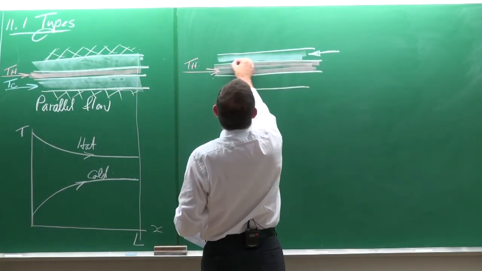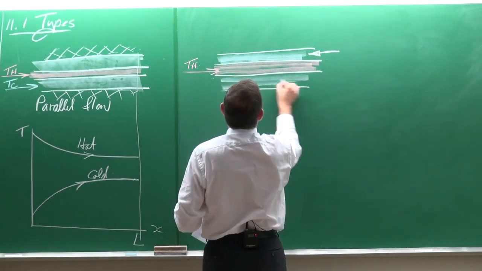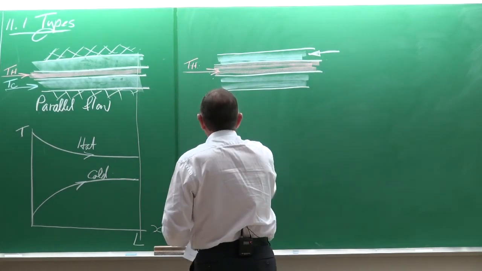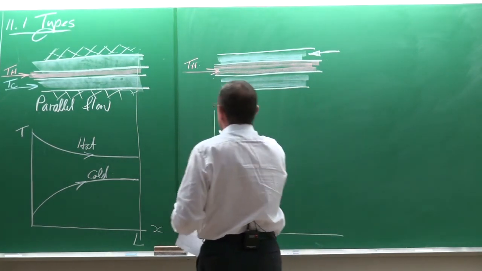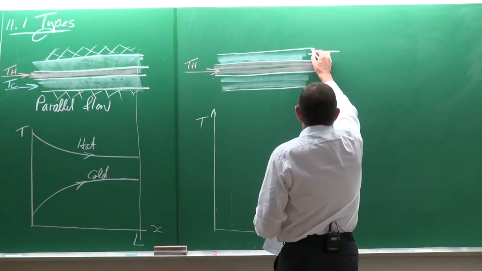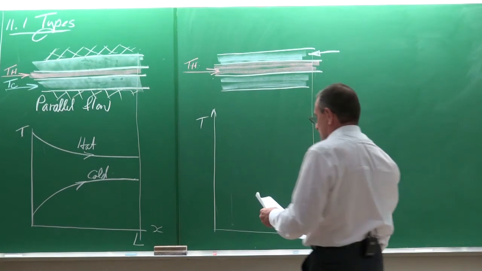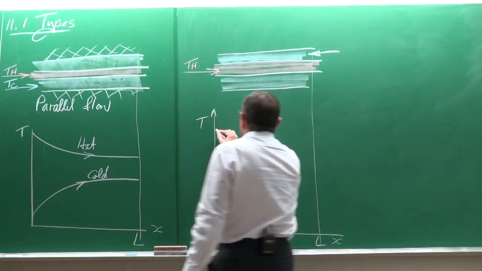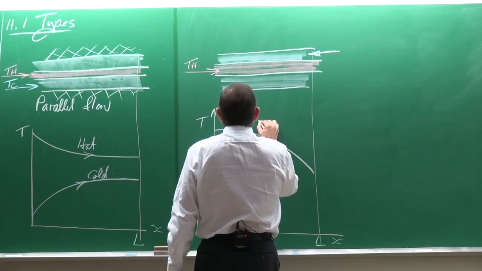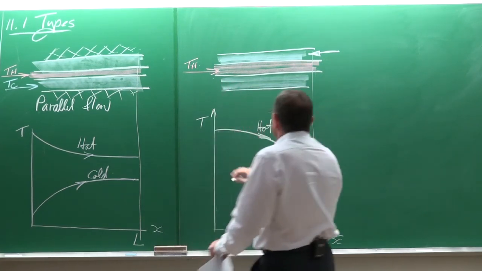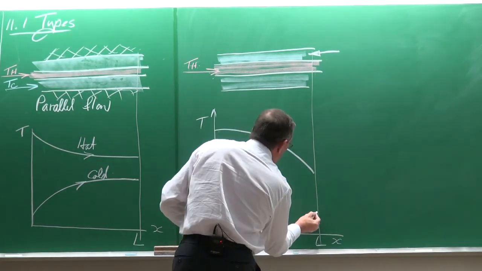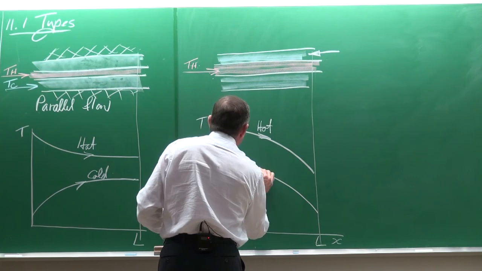So that is the blue. And if we plot the temperature differences as a function of x, and that is the length L of the heat exchanger, then the behavior of the temperature streams is going to be different. Typically, the hot temperature is going to decrease like that, while the cold fluid temperature is going to do something like that.